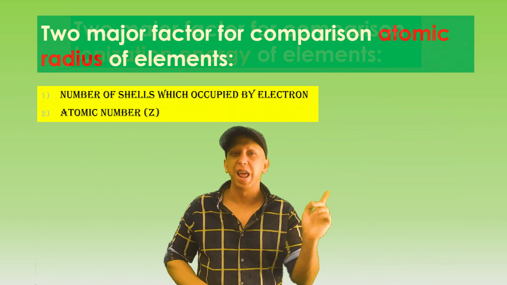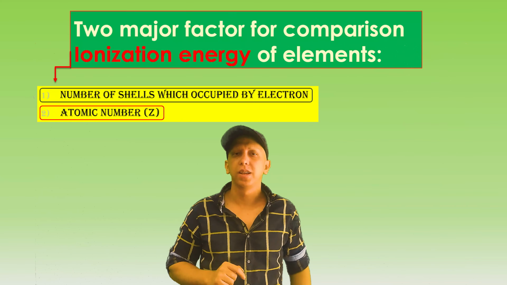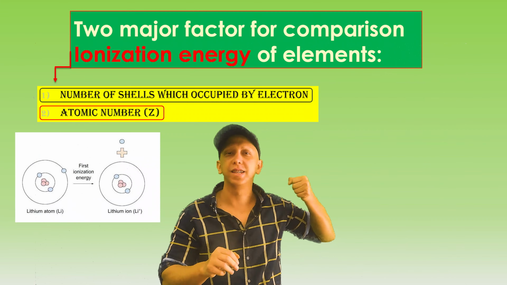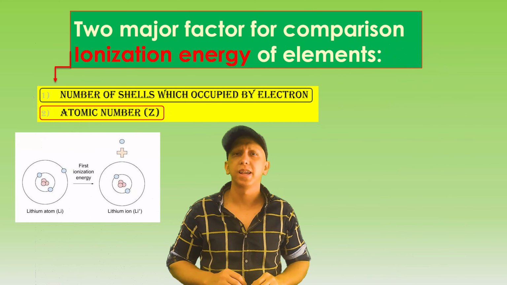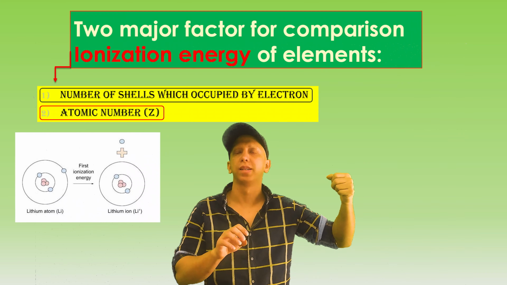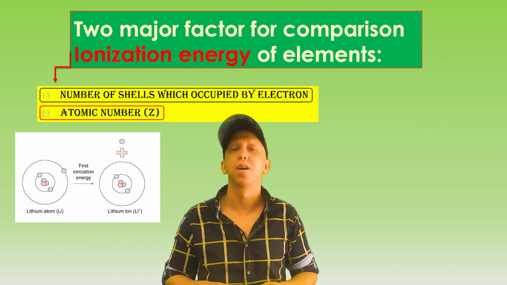It's done. Now let's talk about the ionization energy. At first I have to tell you that ionization energy is the energy for getting the furthest and weakest electron in an atom. But why do I say the weakest? Because the further the electron is from the nucleus, the less the power of the proton toward the electron will become.